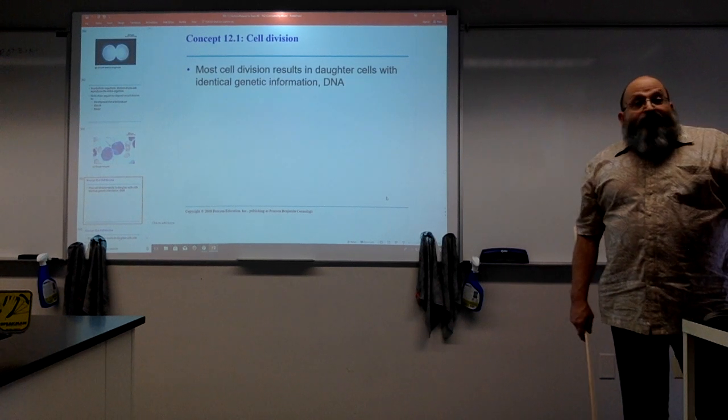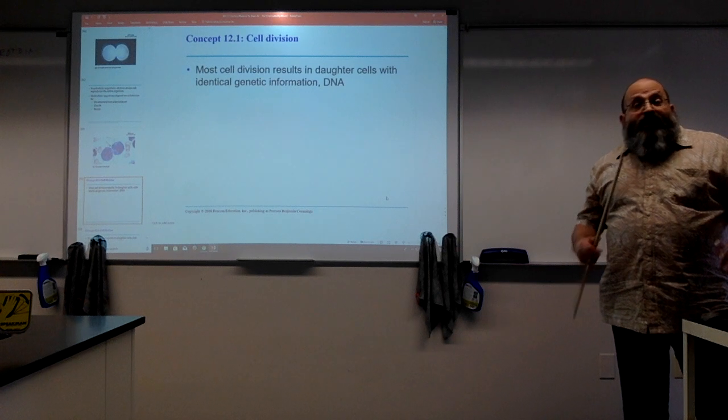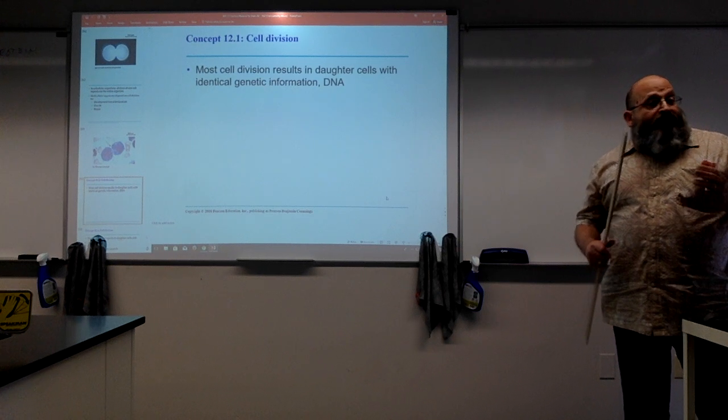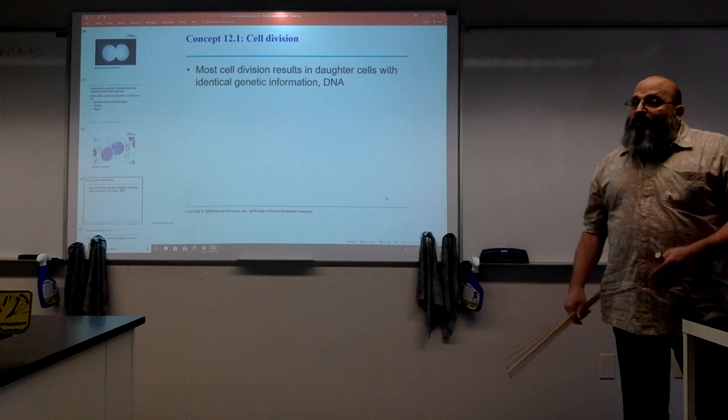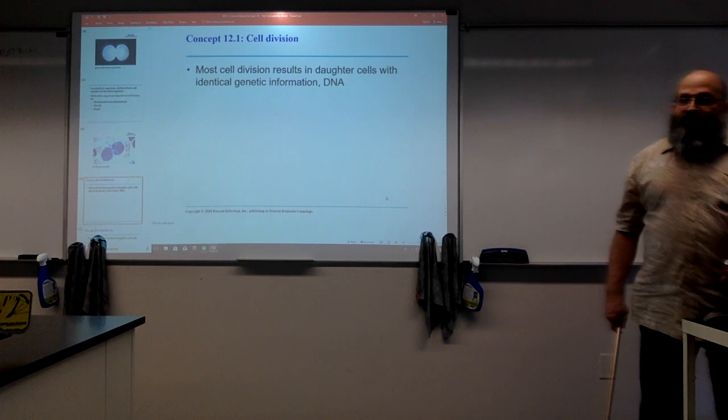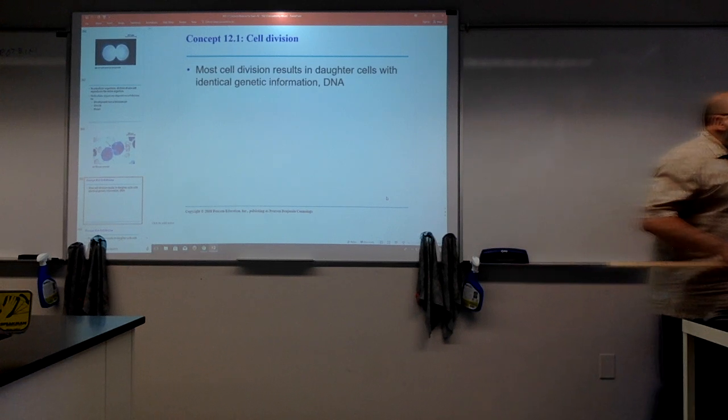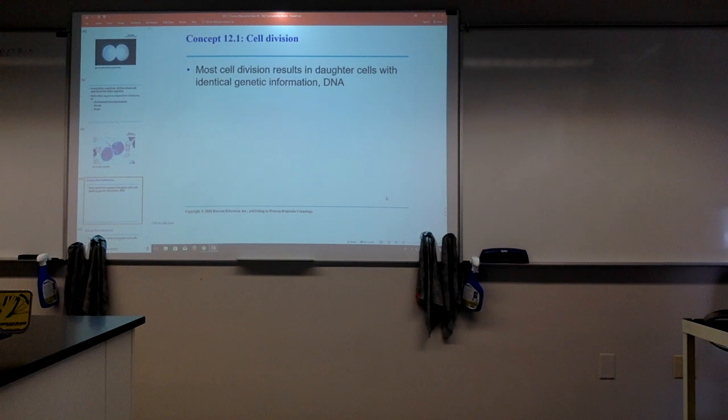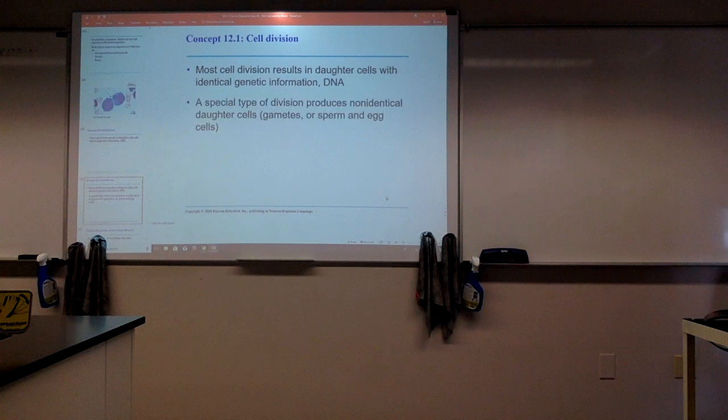Without biology, you would think that the brain cells were genetically different from liver cells. But things we know in biology now, we can explain why the cells have different functions in the same genetic code. So all the cells in your body are clones, except for sperm and egg. Okay?